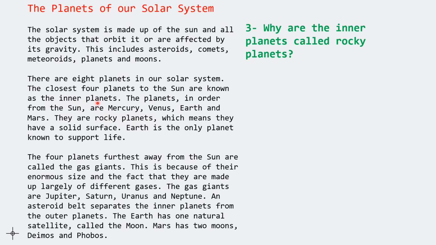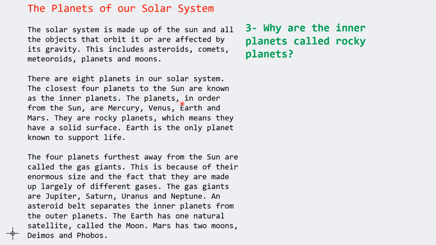Now I have to find out the reason, because the question word is why, so the answer must be a reason. Why are the inner planets called rocky planets? We have to read paragraph 2 carefully.